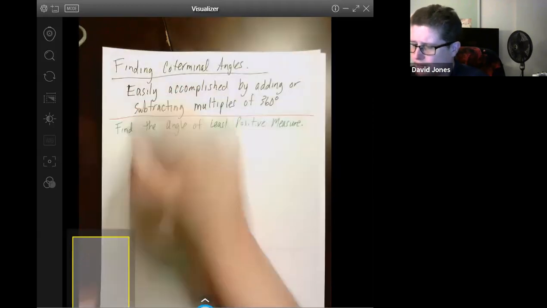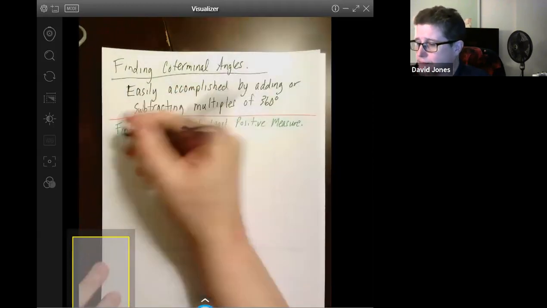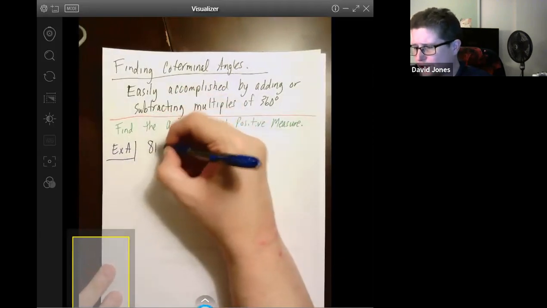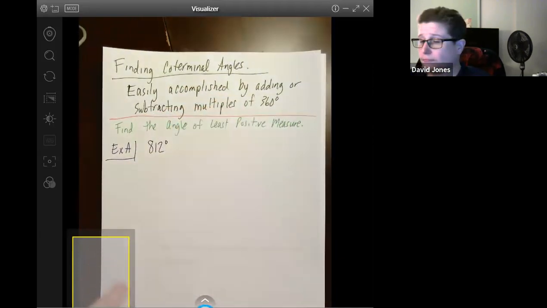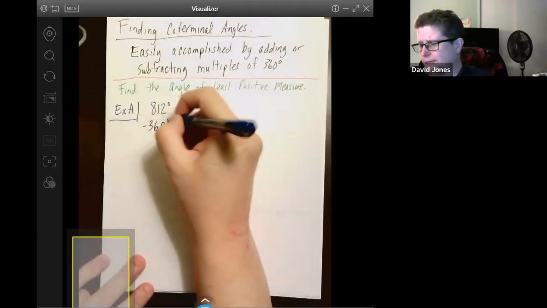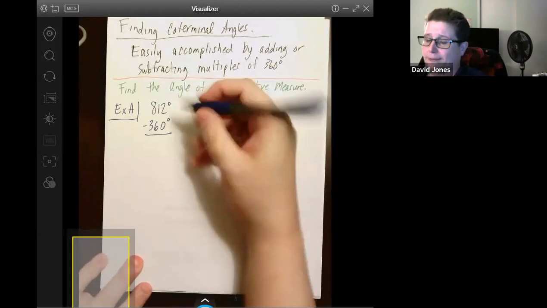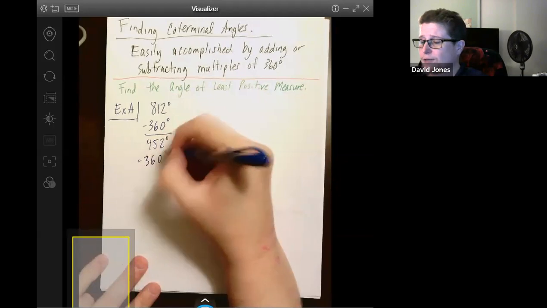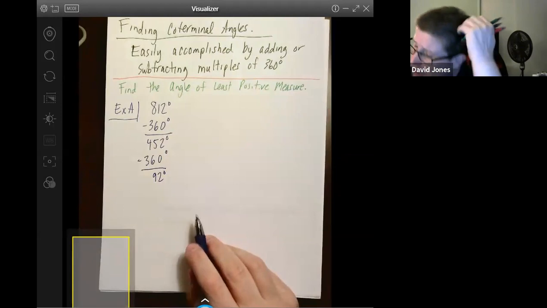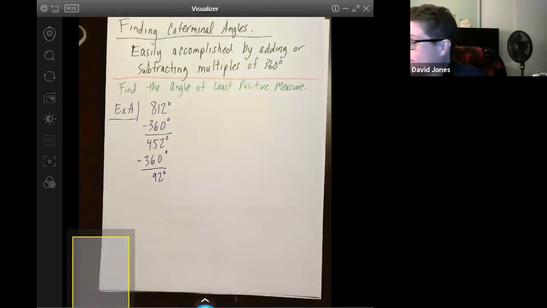So our first example, we have 812 degrees. If I subtract 360 from it, feel free to use a calculator to speed it up, this is 452 degrees. Subtract 360 again, we get 92 degrees. Now, if I were going to try to draw 812 degrees, figure out where the terminal side is on the Cartesian grid, I would have a terrible time doing it.